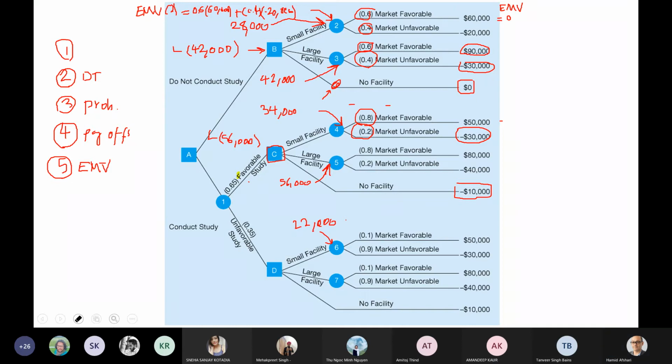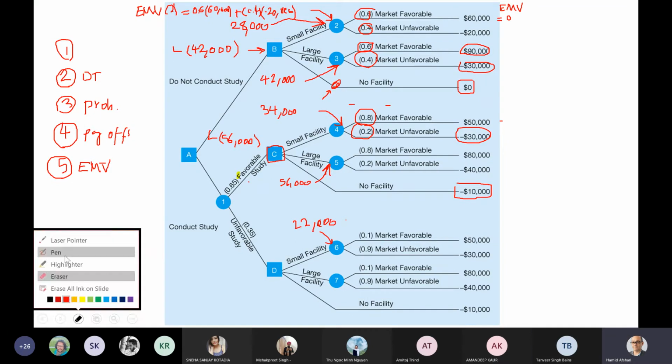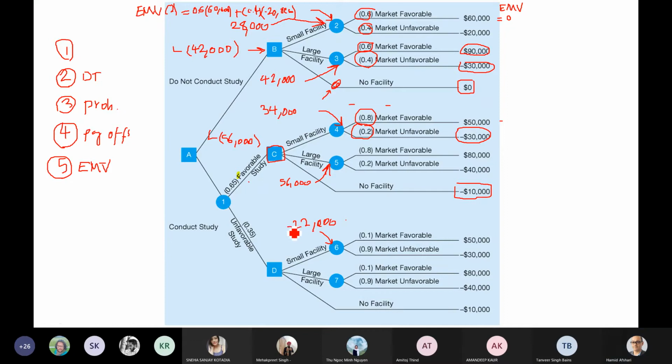Oh yeah, that should be a negative number. Yes, sir. Negative 22. Thank you. So be careful. You see, just a minus mark will change everything. And then for the next node, minus 28. And the last one is clear, minus 10,000.